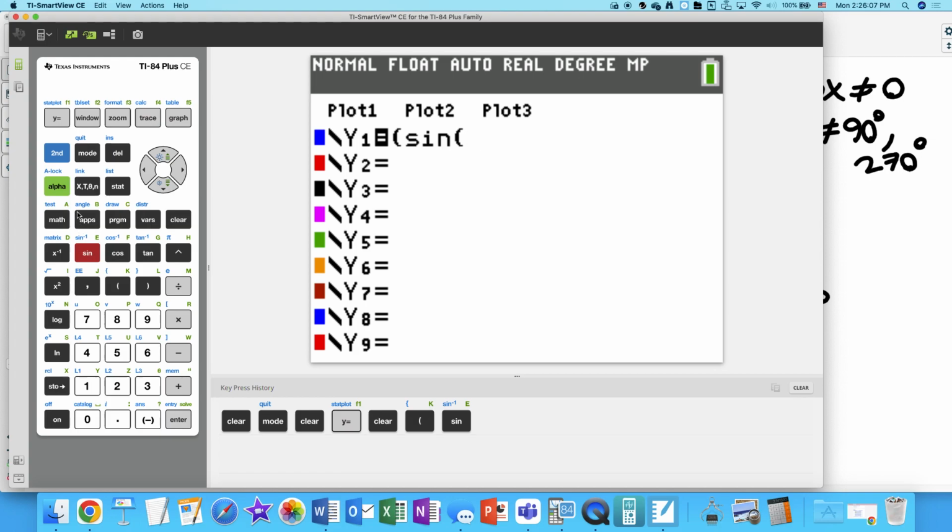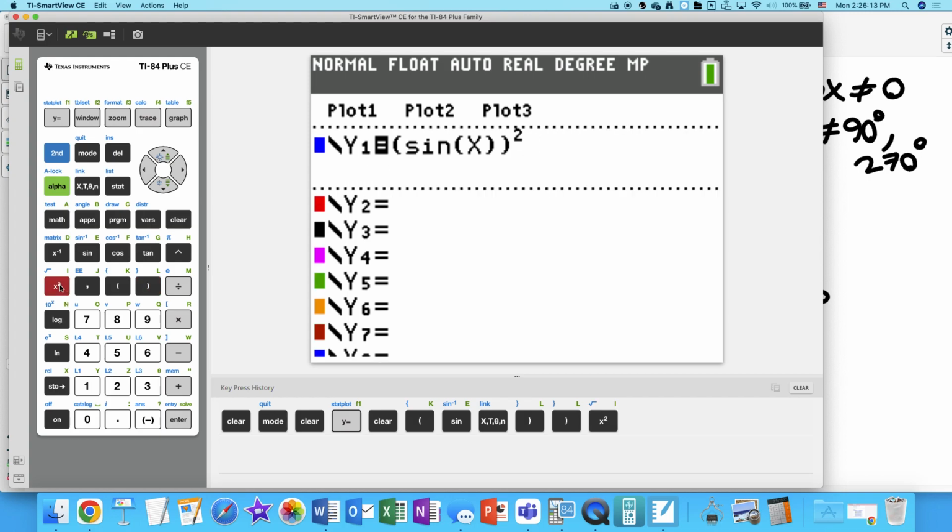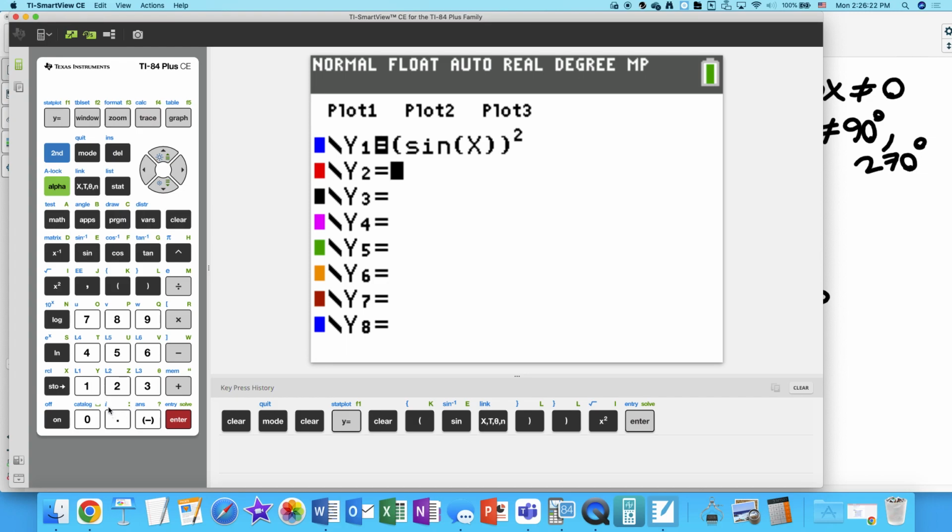There's no way on the graphing calculator to put a little 2 in there, so you have to just take the whole ratio and square it. Okay? And then the next one was 1/2, so I'll just put 0.5 tan x times cosine x.